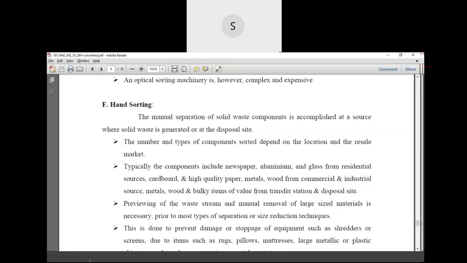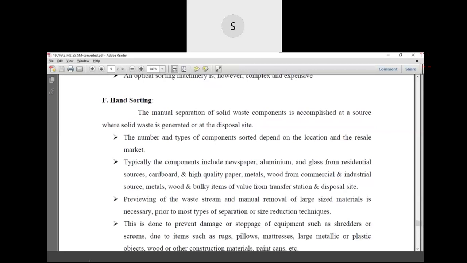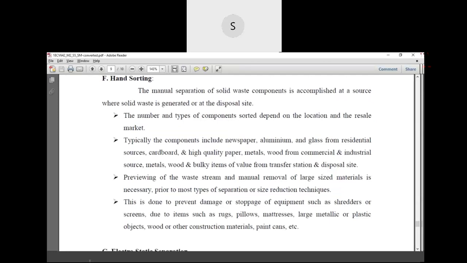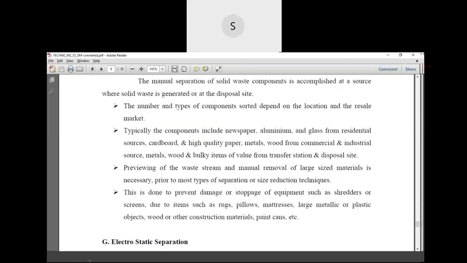The number and types of components sorted depend upon the location and resale value of the waste that is to be separated or segregated. Typically, the components include newspaper, aluminum cans and aluminum materials, and glass from residential sources; cardboard, high quality paper, metals, and wood from commercial and industrial sources; metals, etc. Previewing the waste stream and manually removing large-sized materials, where felt necessary, can be adopted prior to separation or other size reduction techniques.